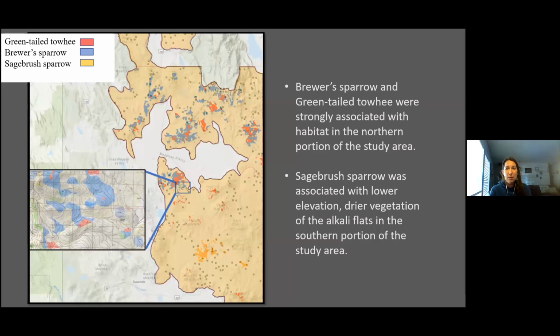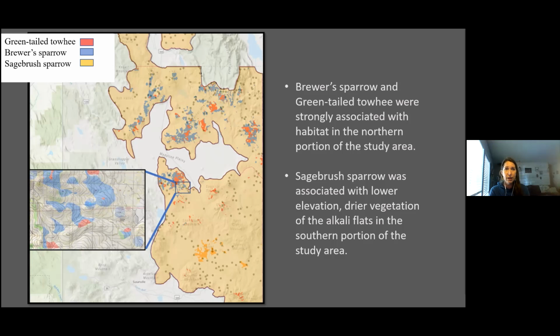So we're also able to look at species individually and compare them with other species. And here's a map showing examples for the 3 species that we saw earlier, the green-tailed towhee, the Brewer's sparrow, and the sagebrush sparrow. Remember, these were all 3 positively correlated with the CWHR sagebrush type, but they had some differences at the alliance level.